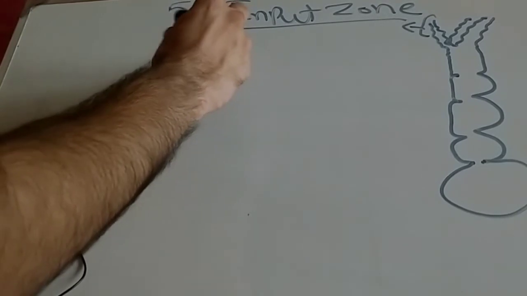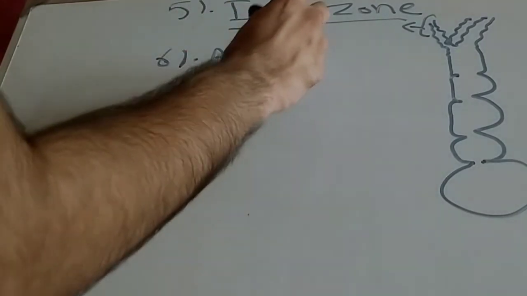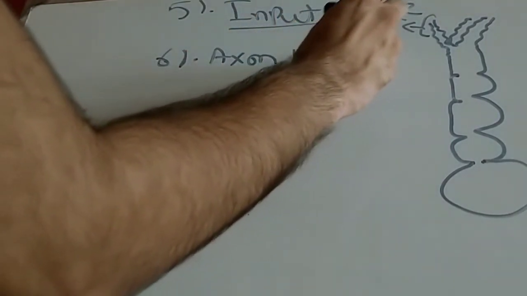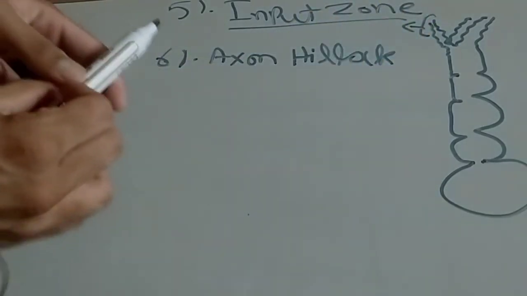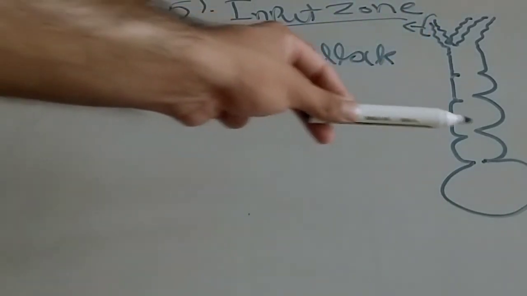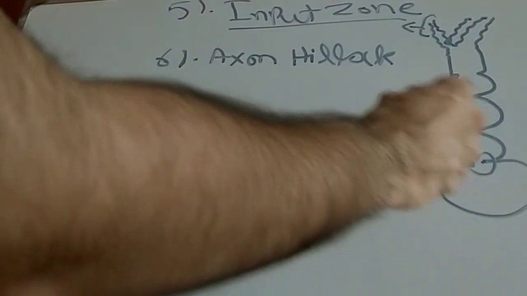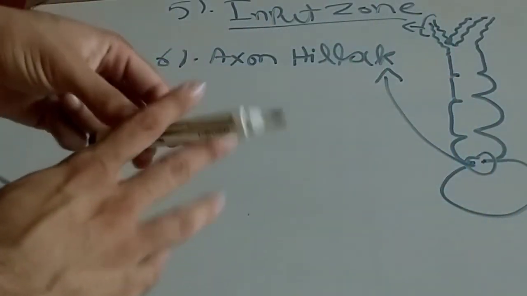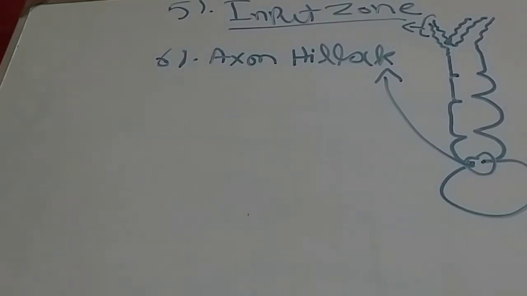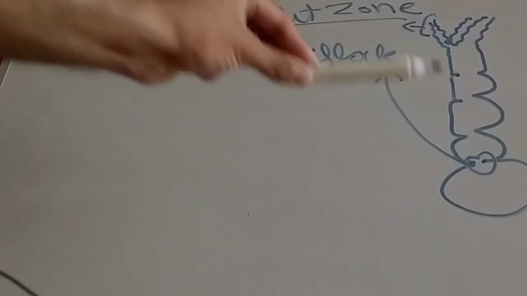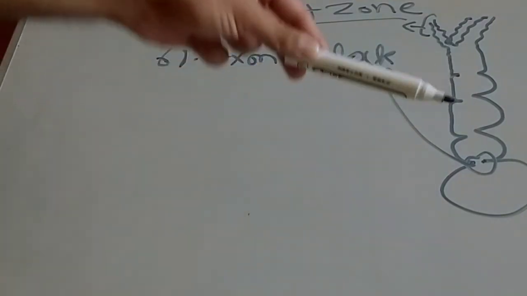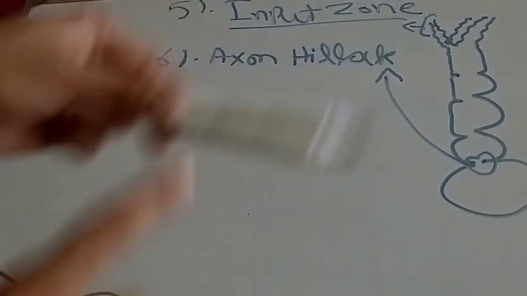Then we have number six, the axon hillock. The axon hillock is defined as the area which is present between the axon and the cell body. So this area is known as the axon hillock. Before the axon hillock, the processes occur in the cell body, and after the axon hillock, the processes occur in the axon.